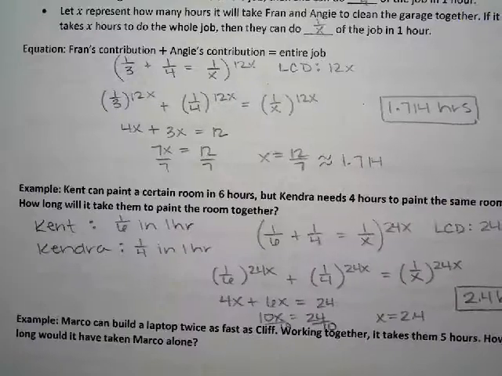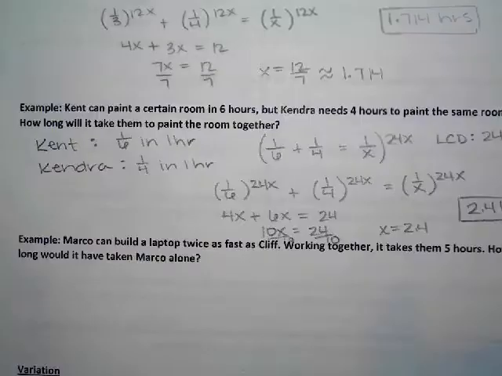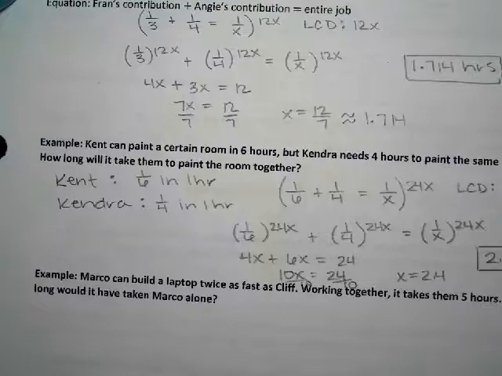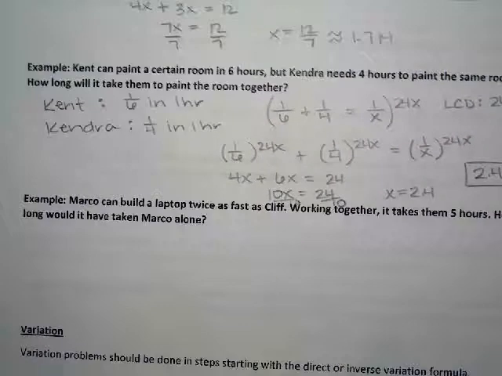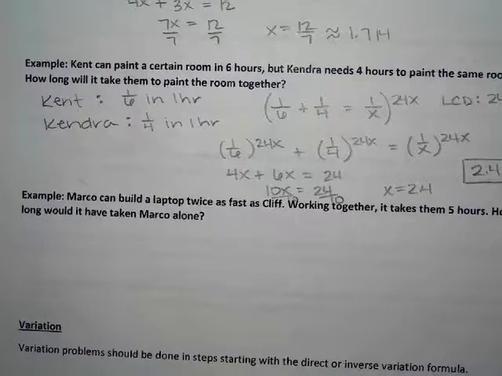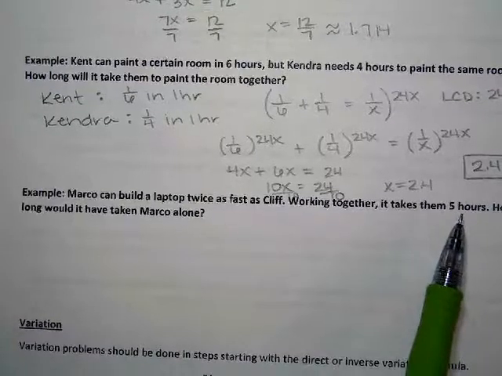So if we look at these questions, how did you guys feel about the first two examples? Did they make sense to you? They were okay? Now, this next one is a little bit more complicated because the variable is in a different spot. So let's read through the next question. It says, Marco can build a laptop twice as fast as Cliff. It just doesn't say what their times are. And then it says, working together, it takes them 5 hours.